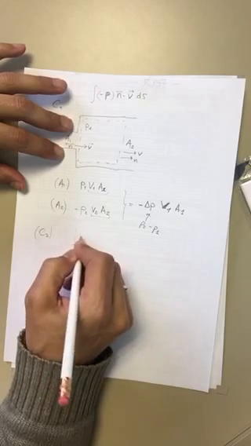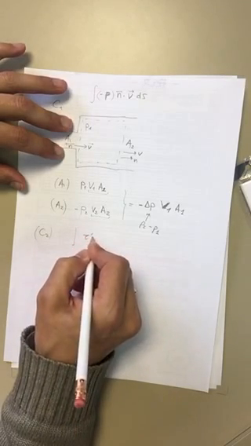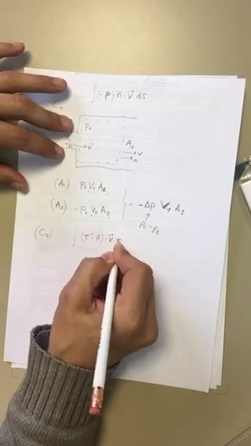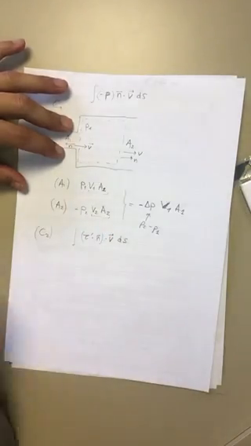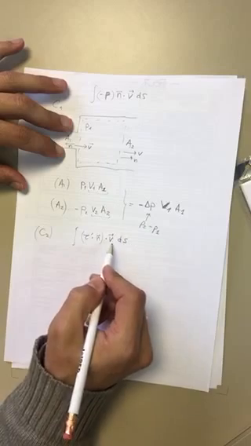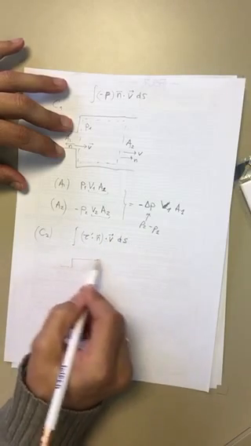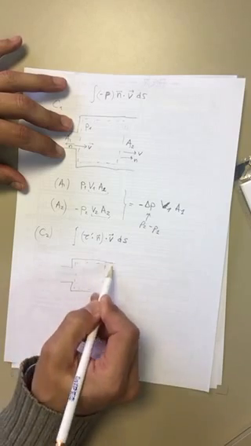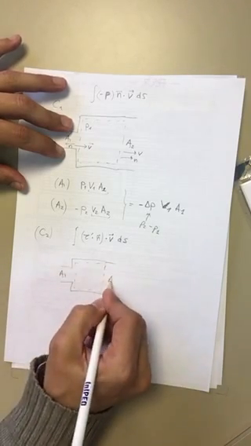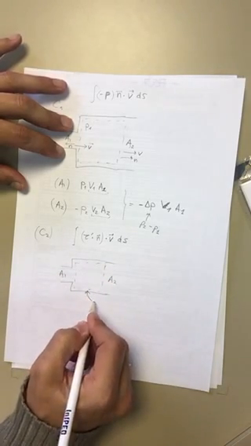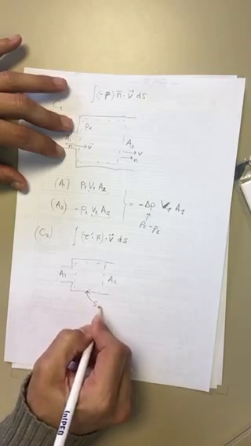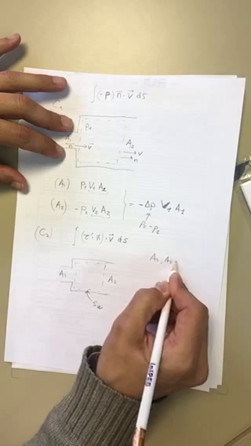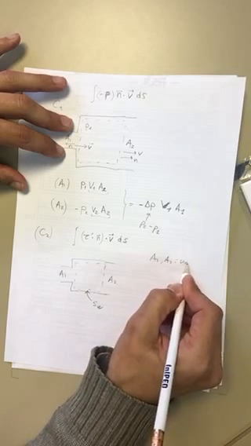For C2, you have this term tau times n times v. On the walls, v is assumed to be 0. We have A1, A2, and then the walls. At A1 and A2, we assume uniform velocity.